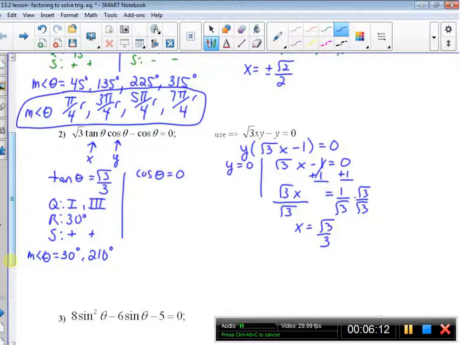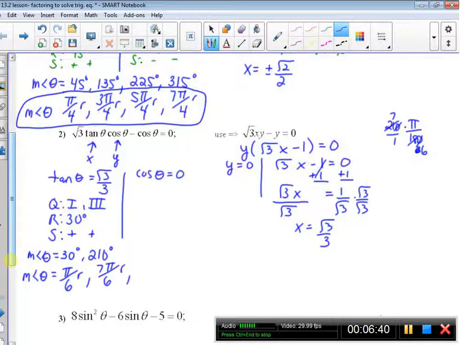The measure of angle theta is equal to pi over 6 radians, and then again you could go to the side and figure out 210 times pi over 180, and we get 7 pi over 3, or, dividing them both by 3, 7 pi over 6.